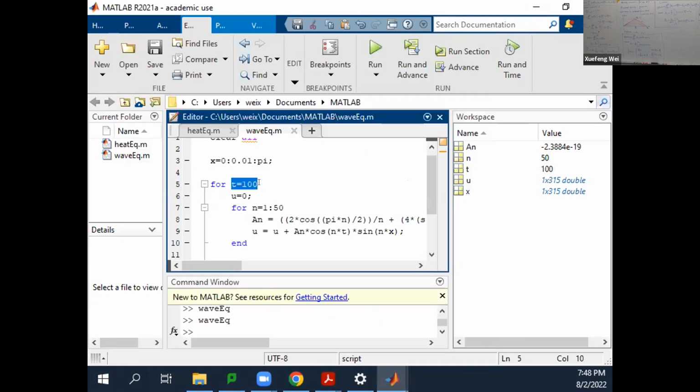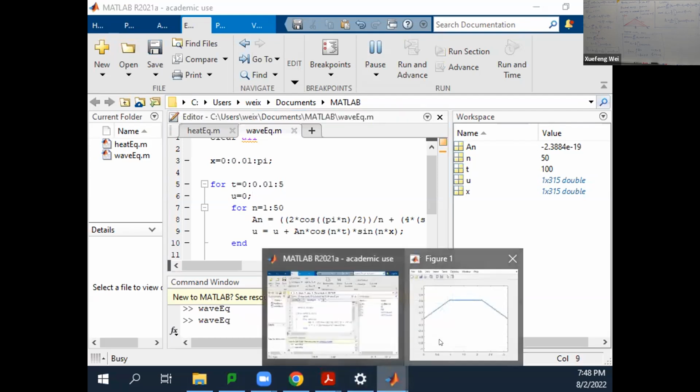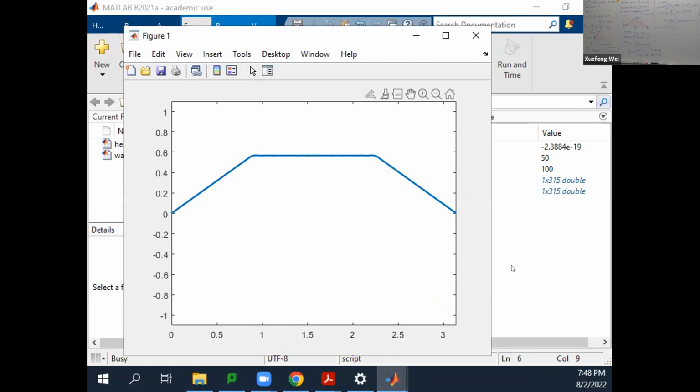In this case, I don't even need a for loop, because you are not looping it. Let's do this again. Your line, I think it's 13.